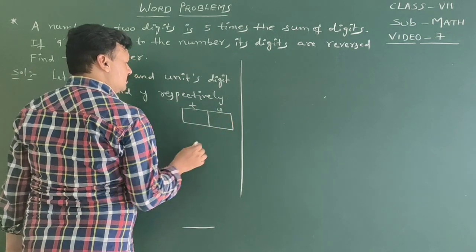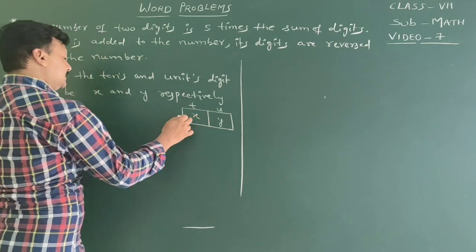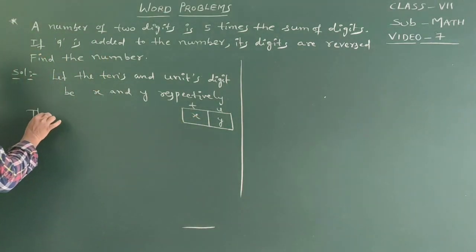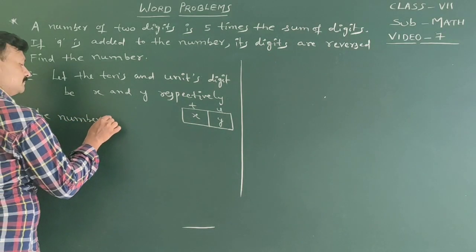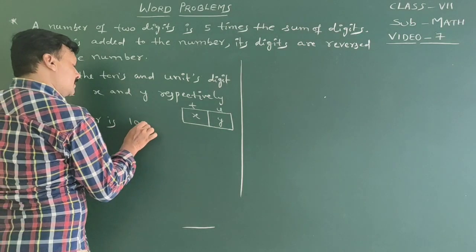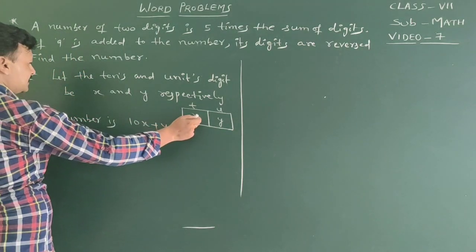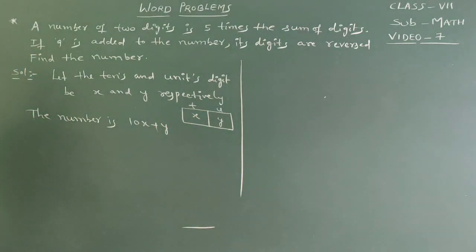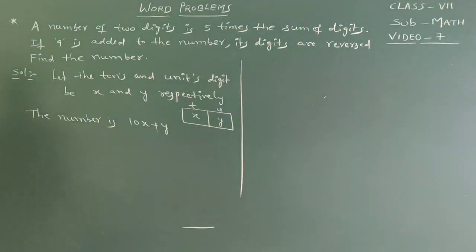Tens place, units place. Here x is in tens place, y is in units place. So the number is 10x plus y. Because x is in tens place, the place value of x is 10. 10x plus y, and y is in units place, y only.